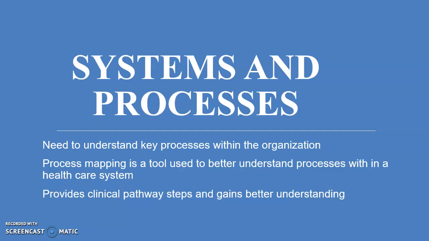Reviewing who and how processes were completed gives an organization an insight on how and where improvement is needed. Clinical pathway steps are gained by process mapping. This allows organizations to gain better understanding when policy and procedures aren't followed, and they determine if changes are needed to the policy and procedures to achieve better healthcare.